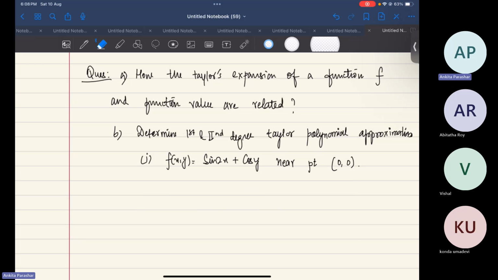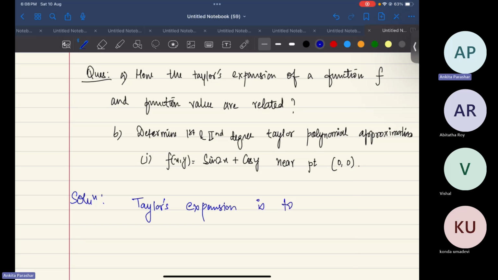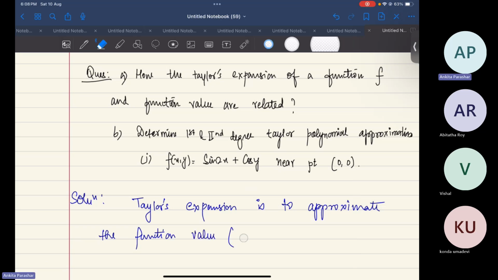So let me just write that the concept of Taylor expansion is basically to approximate the function value, which may be very hard to compute, but we can approximate the function value with known values.